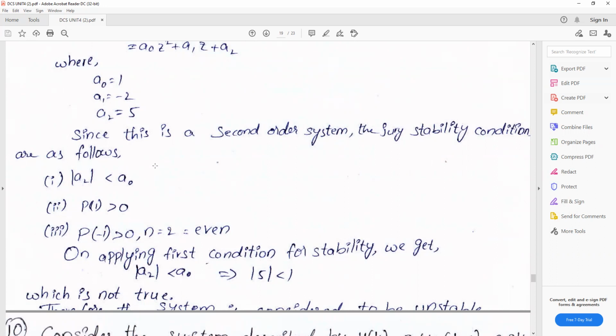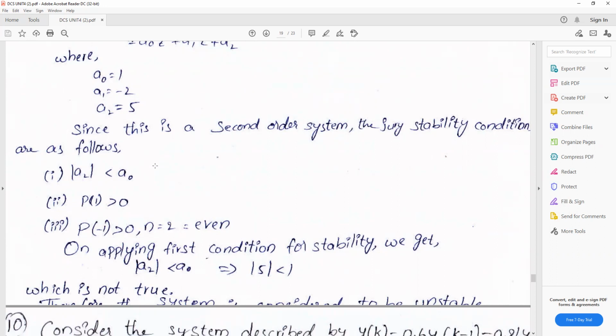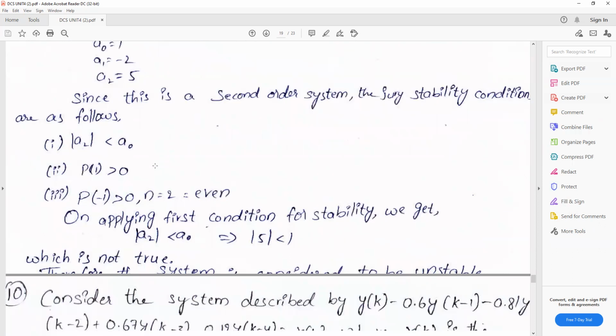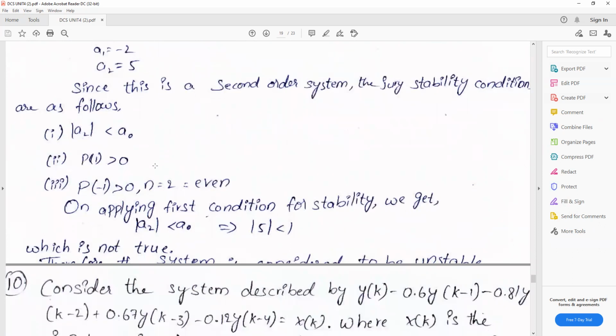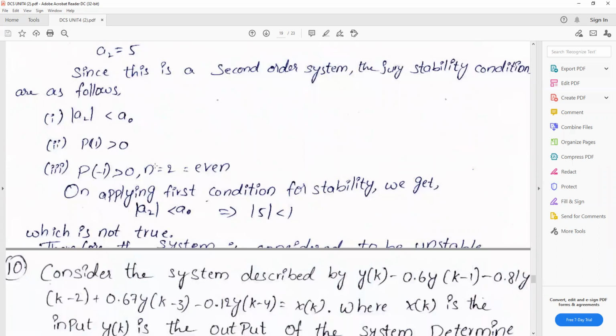Third, B1 is greater than B0 after calculation. The first condition is satisfied. The second condition is also satisfied. The third condition is not satisfied. So the given system is an unstable system.